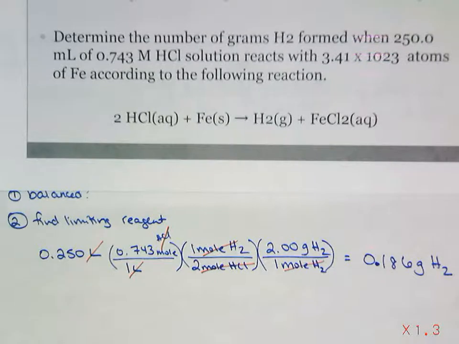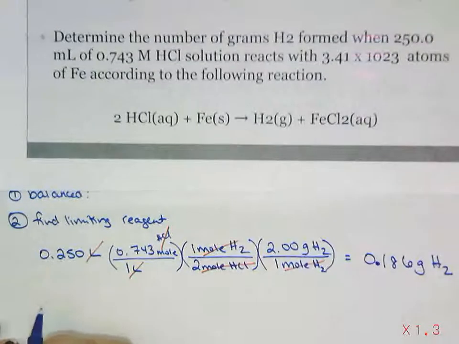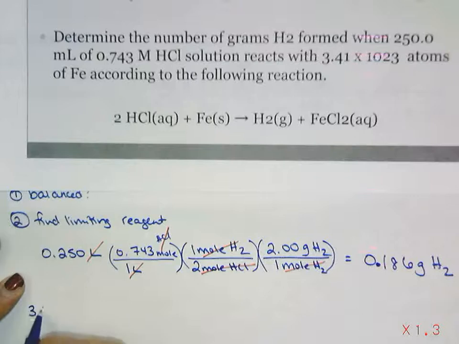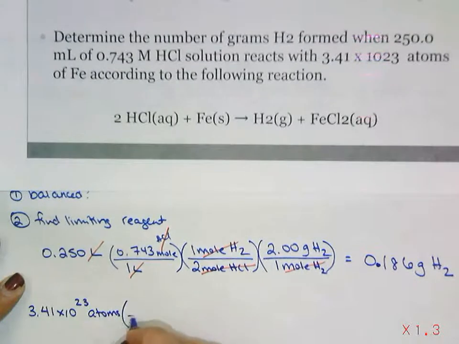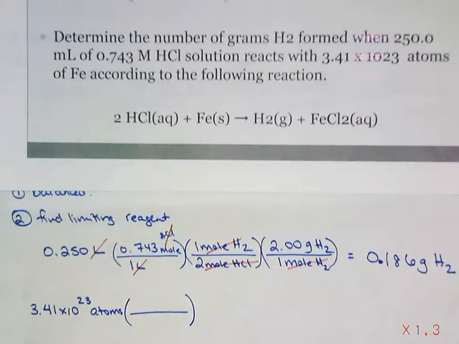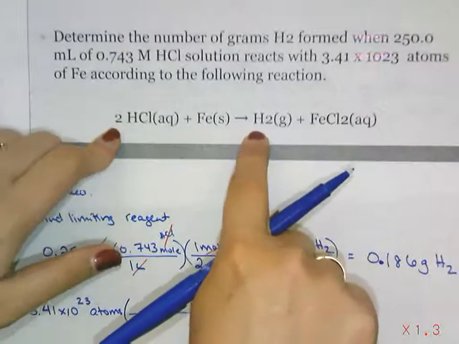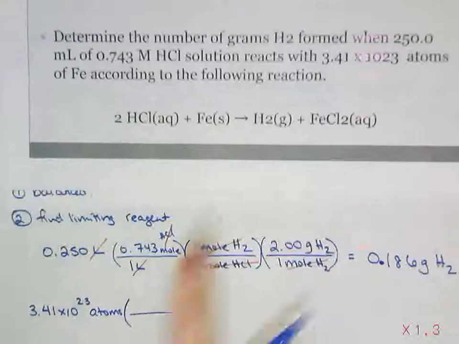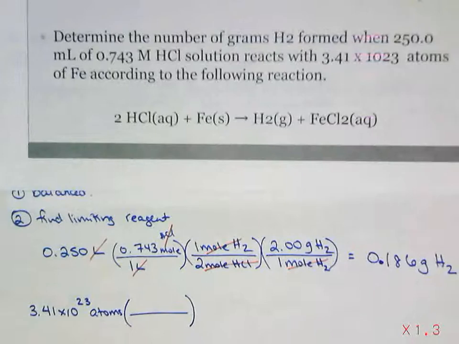All right. They only give us one thing about iron, so we'll start with that. All right, what do I need to do at this point? If I'm in atoms, right, is this ratio in atoms or in moles? It's in moles, so how do I get from atoms to moles? What magic number do I need? I need Avogadro's number.